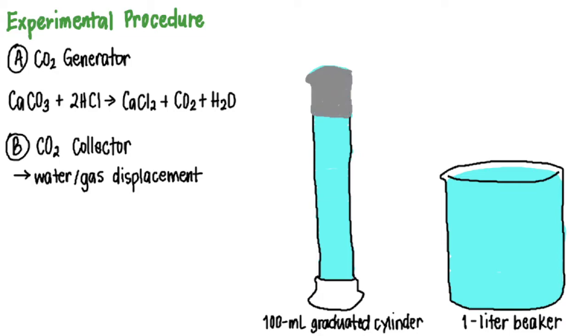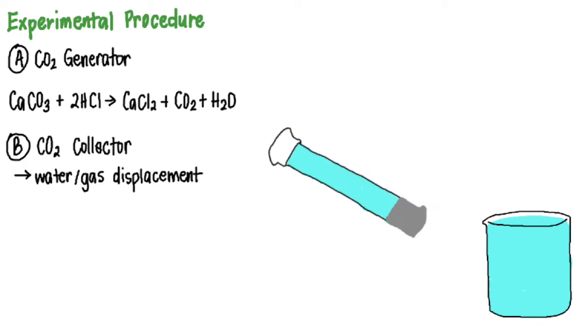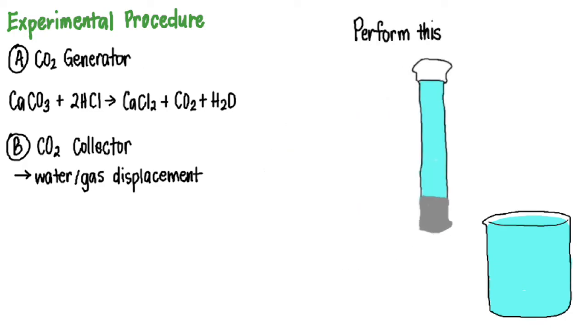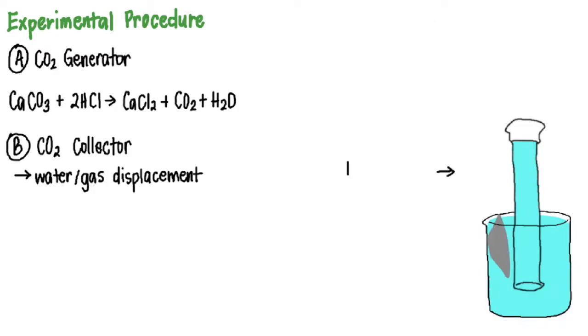Next, you can cover the cylinder with your hand, but a plastic film or aluminum foil might be better. Secure the cover of the cylinder and invert it. Submerge the mouth of the cylinder into the beaker and remove the cover. Check if there are air bubbles inside the cylinder. If there are, you need to repeat this step, making sure that there are no trapped bubbles inside the cylinder.